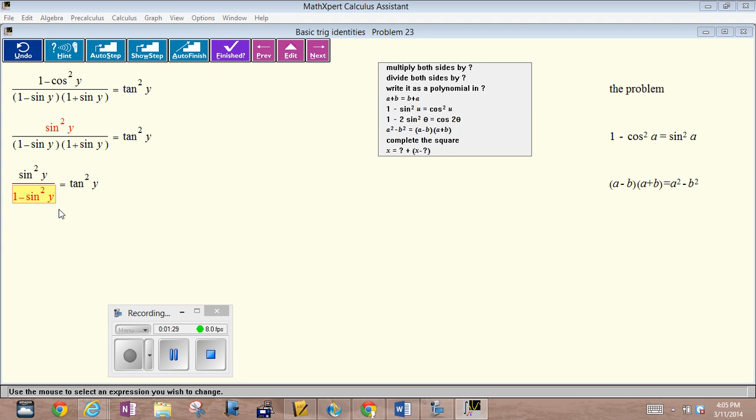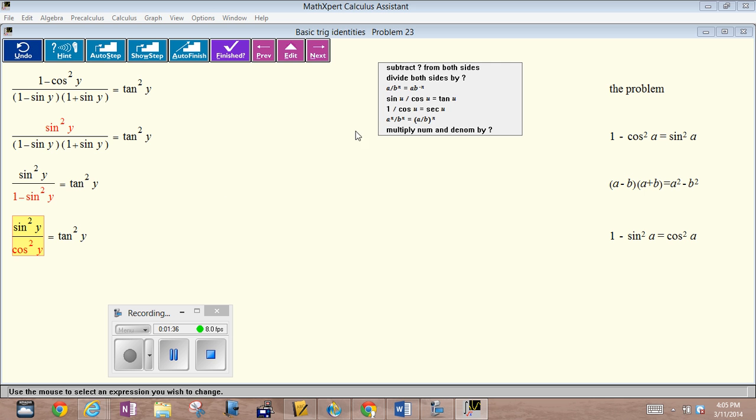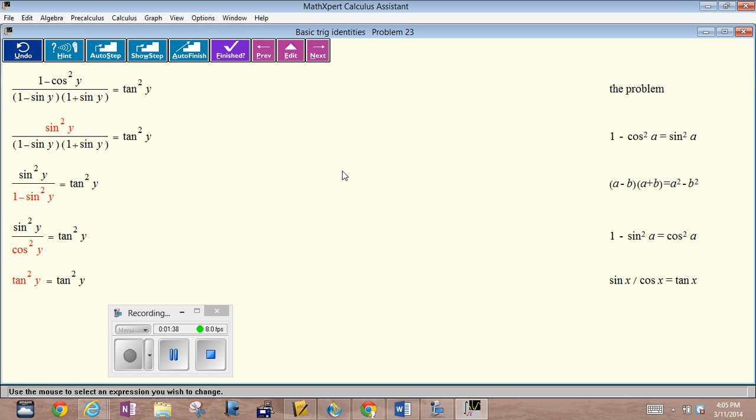And 1 minus sine squared, of course, we should know is going to be the cosine squared, and then sine squared over the cosine squared is exactly the tangent squared. Okay, so there's another one to look at and add to your repertoire. Okay, and we'll come back with a couple more.